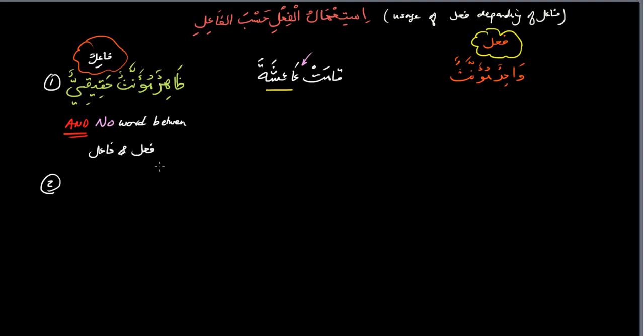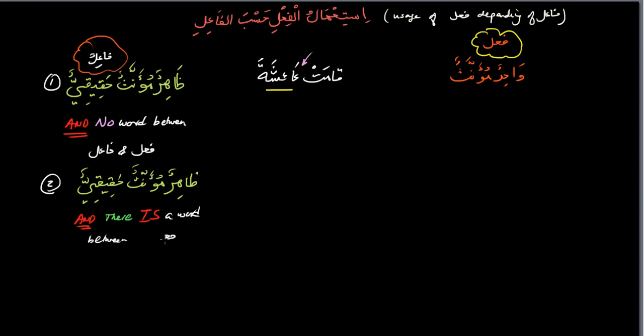What if there is a word? Okay, I'm going to do this in a slightly different order in the book, but it's the same thing. ظاهر مؤنث حقيقي, okay, and there is a word between fi'l and fa'il.